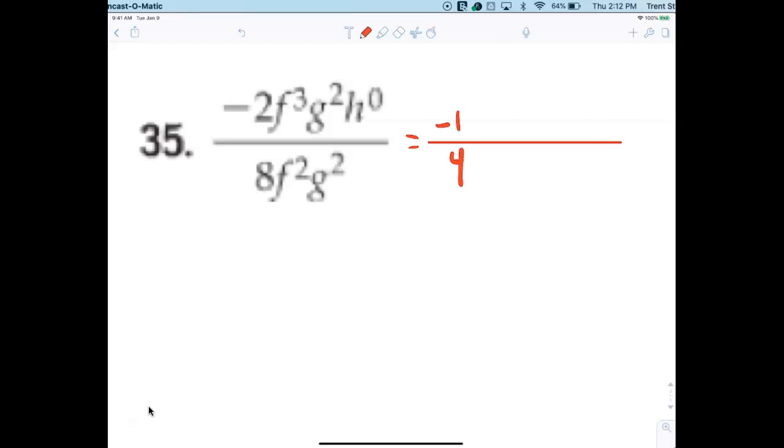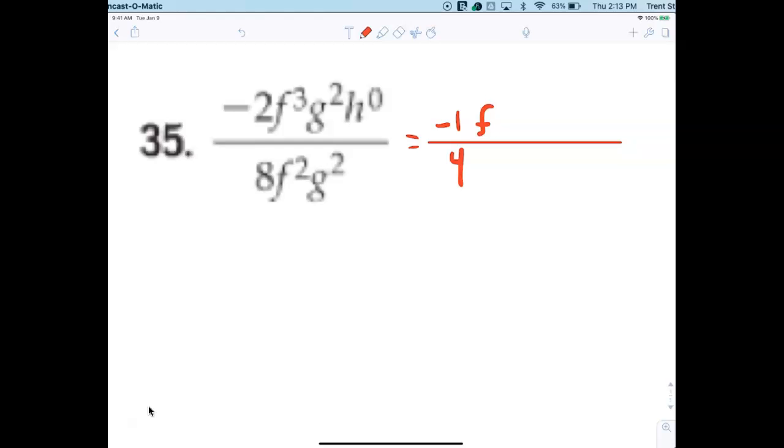Okay, tell me about the next letter, please. That is just F. Good job. What happens to the G's? They add.